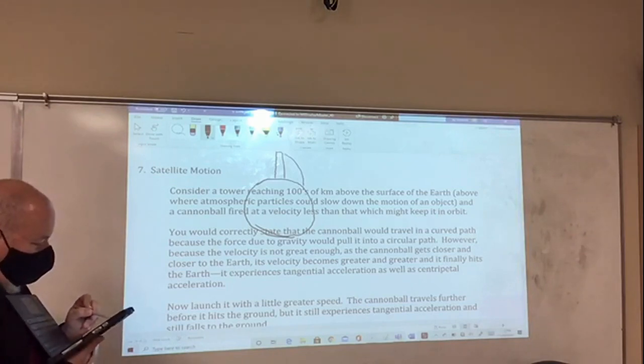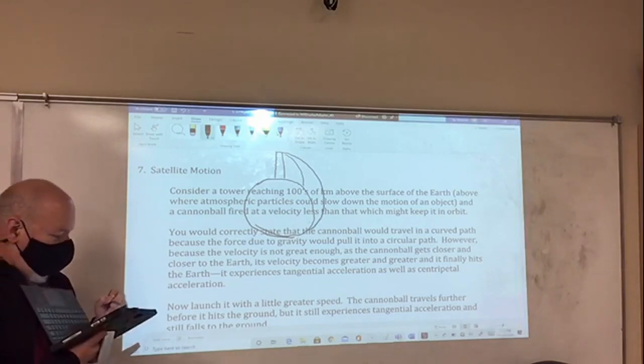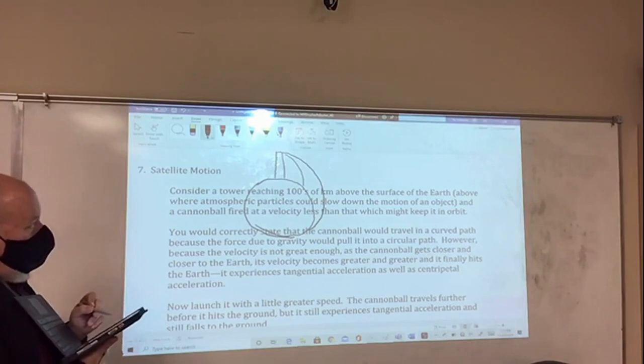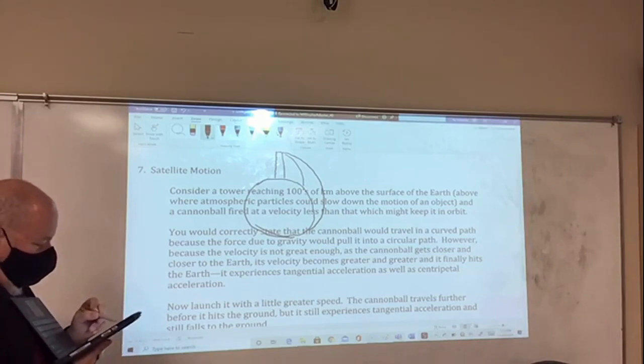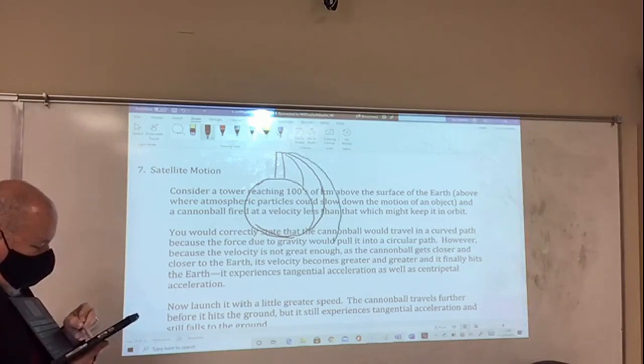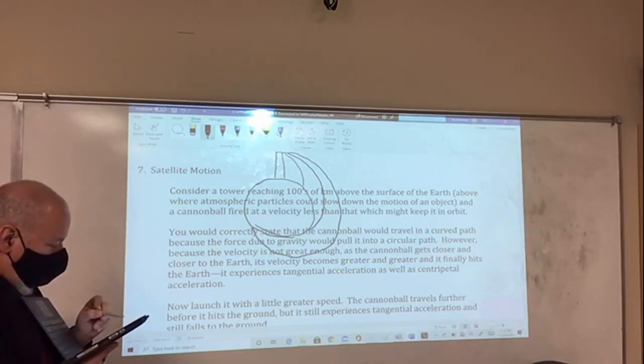If I fire it a little bit further, it's going to travel further around the surface, right? And if I fire it a little bit faster yet, it's going to keep doing that.